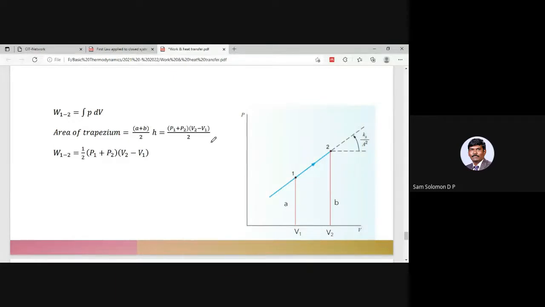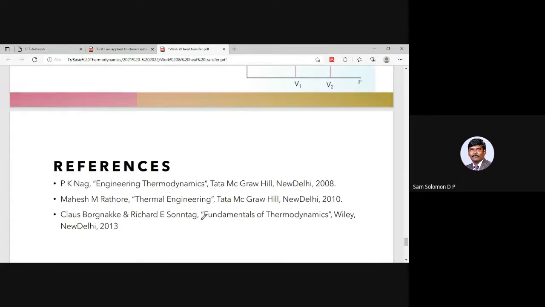Okay, so that is for your understanding. I have given this. You can see that the slope of this line is ks by a squared. So that is being shown here. This particular derivation or concept has been taken from Fundamentals of Thermodynamics by Sonntag, Claus Borgnakke, and Richard E. Sonntag.